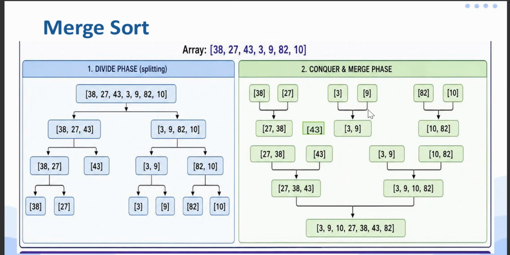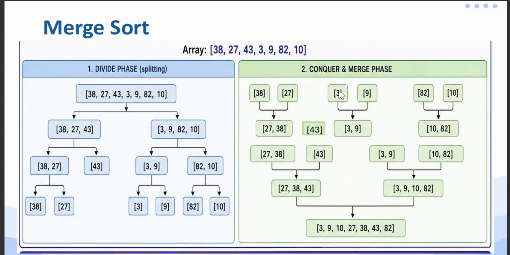Then we have 43 in the second level, just like in the previous case. You are going from top to bottom of the tree, and then to merge we go from bottom to top.